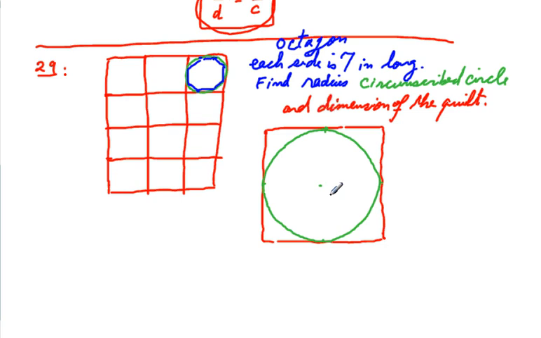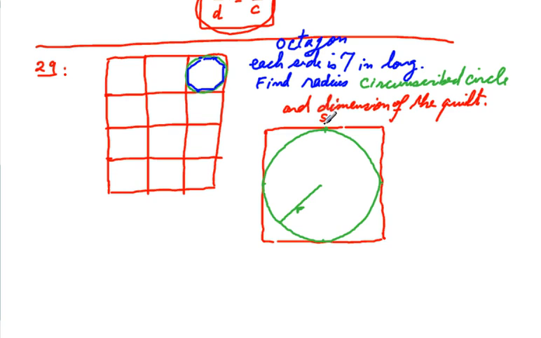So far, what can we tell about the size of the square? If the side of the square is s, and the radius of the circle is r, what's the connection between s and r? So the radius of the circle, let's just call it r. Side of the square is s.